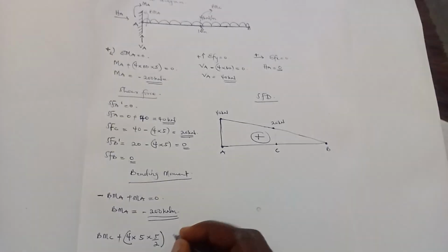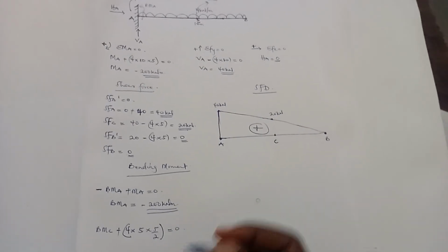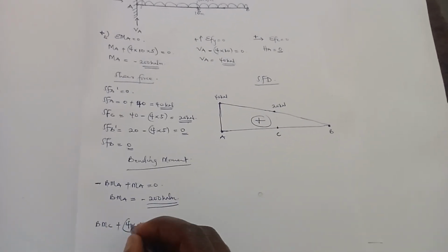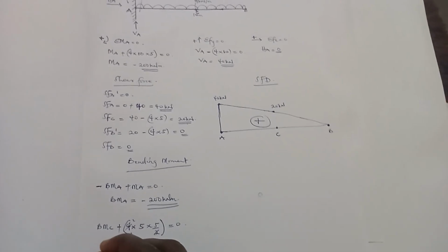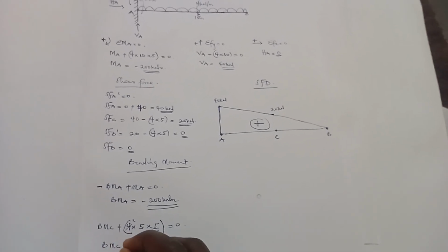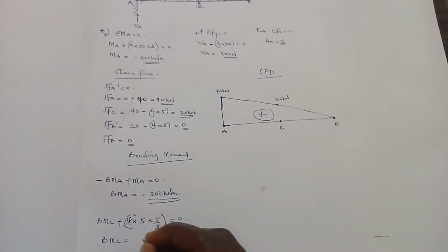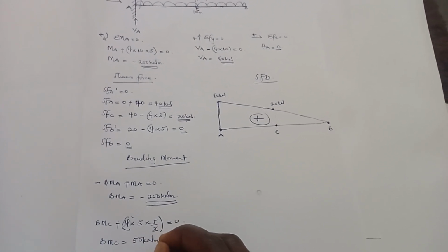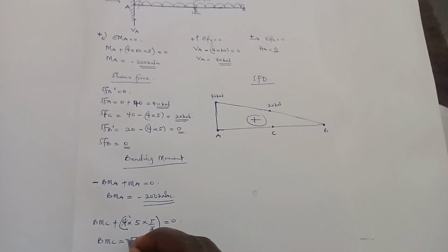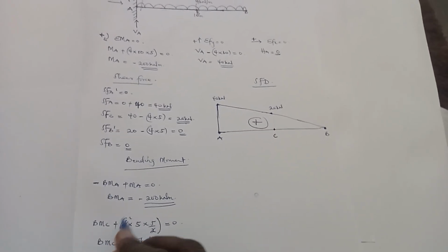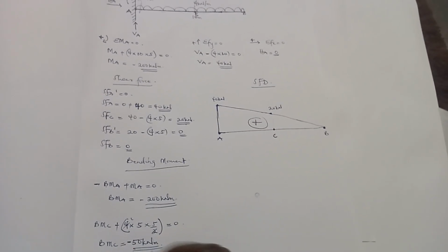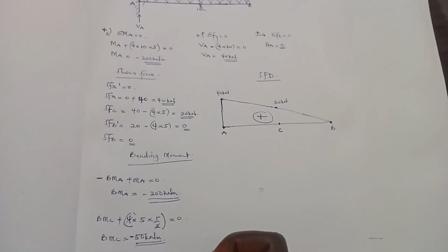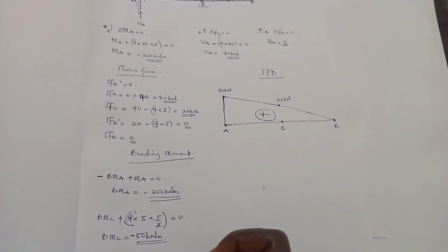These are the only forces causing moments, and we equate this to zero. So the 2 will cancel. When we make BMC the subject, we are going to get negative 50 kilonewton meter, because we'll move this here. And that's the bending moment at C.